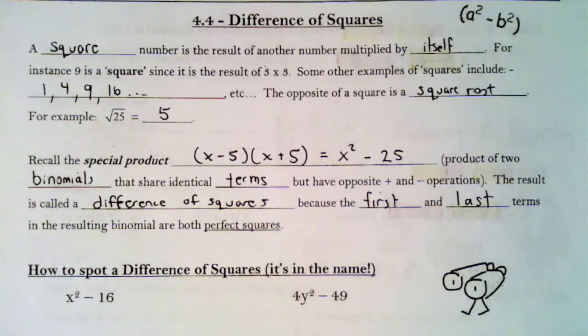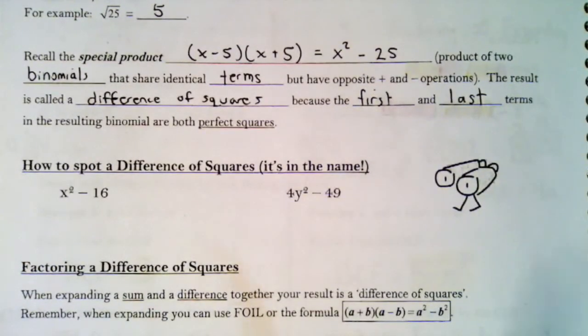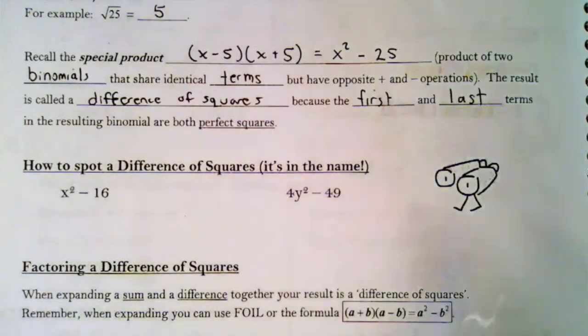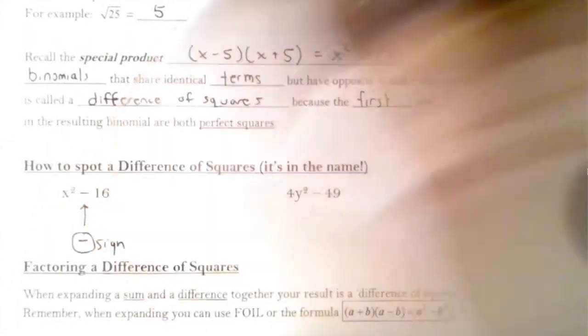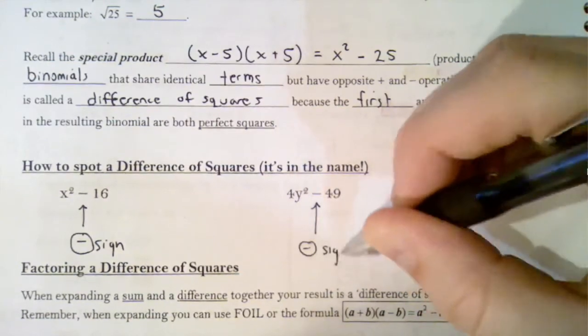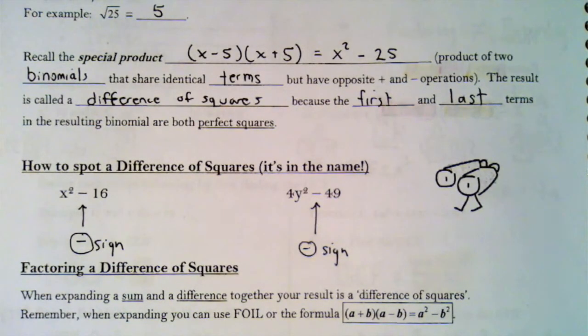So how do you spot a difference of squares if you start with it? Well, it's in the name. Difference means minus. So in between the two terms, there'll always be a minus sign. And if we look at both of these examples, there's a minus sign. And the first term and the last term, we should be able to square root.